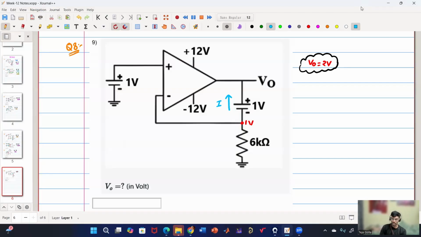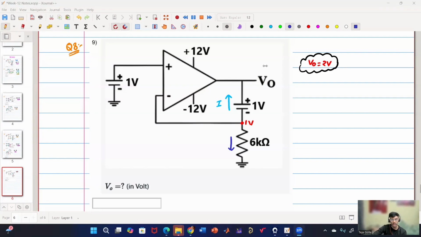Okay. Maybe I'll give a hint. What is the current through 6 kilo? What is this current? What is the current through 6 kilo?